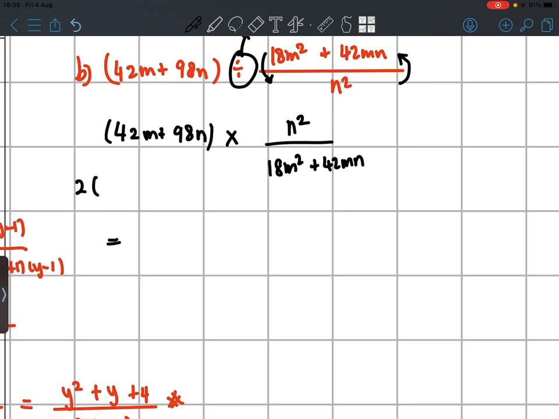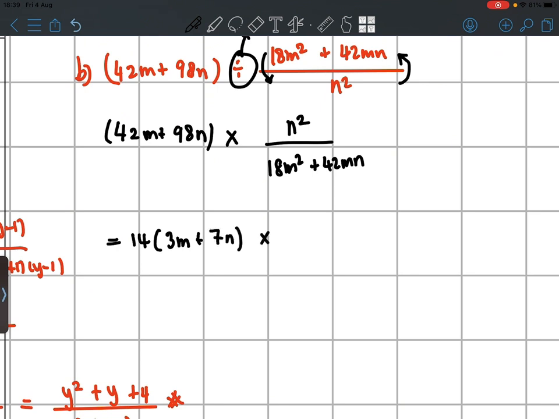So we get 21m plus 98 divided by 2 is 49. Okay, I guess it should be 14. So the HCF is 14. We take out the 14. So 42 divided by 14 should be 3m, plus 98 divided by 14 should be 7n.